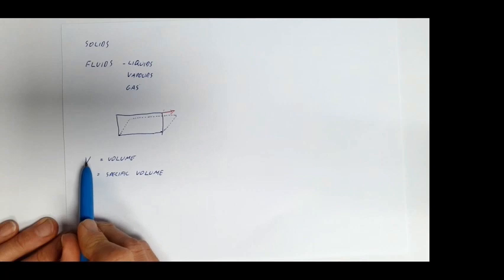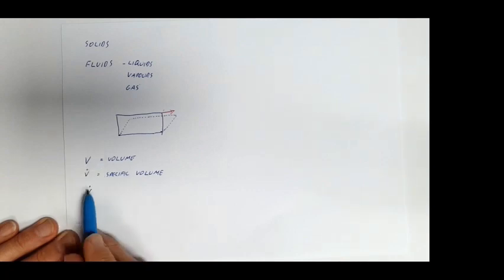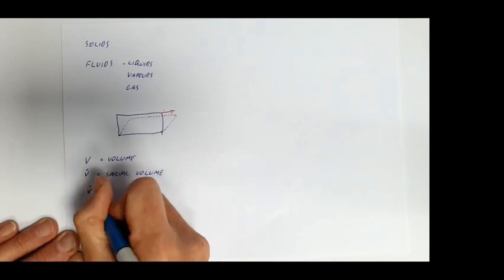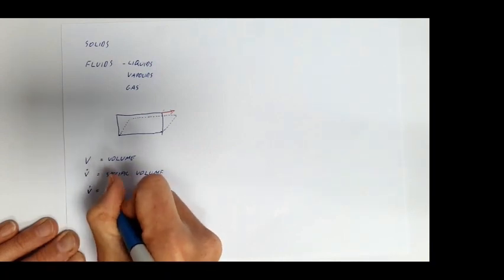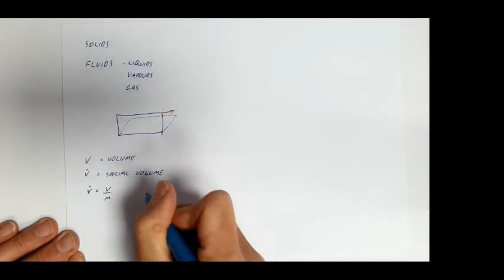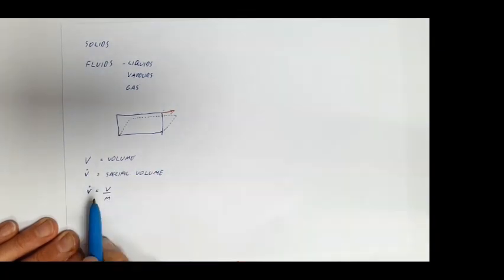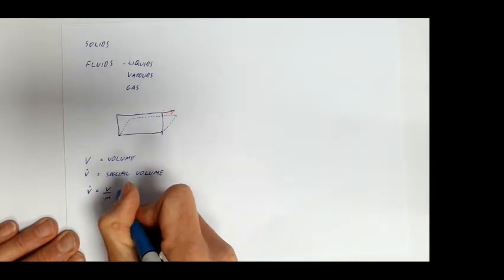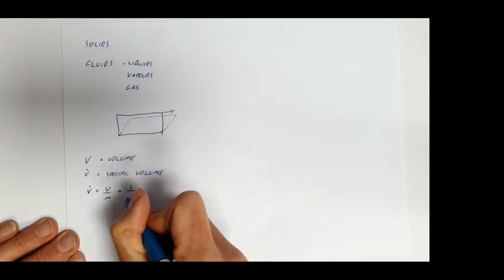Volume is uppercase V, specific volume lowercase v, and often you'll see it with this dot above it. Okay, so to get from volume to specific volume, we simply divide through by the mass. Okay, now specific volume, volume divided by mass. Now notice that actually is just the inverse of density.